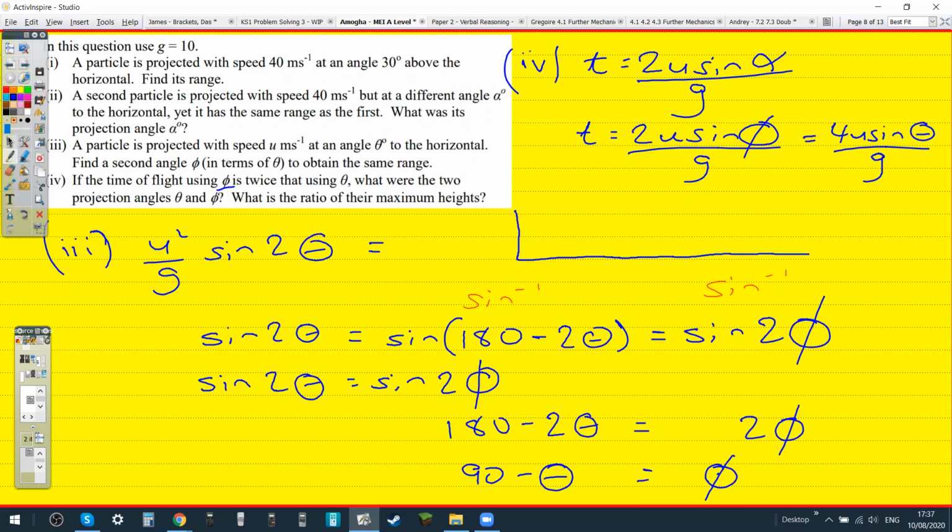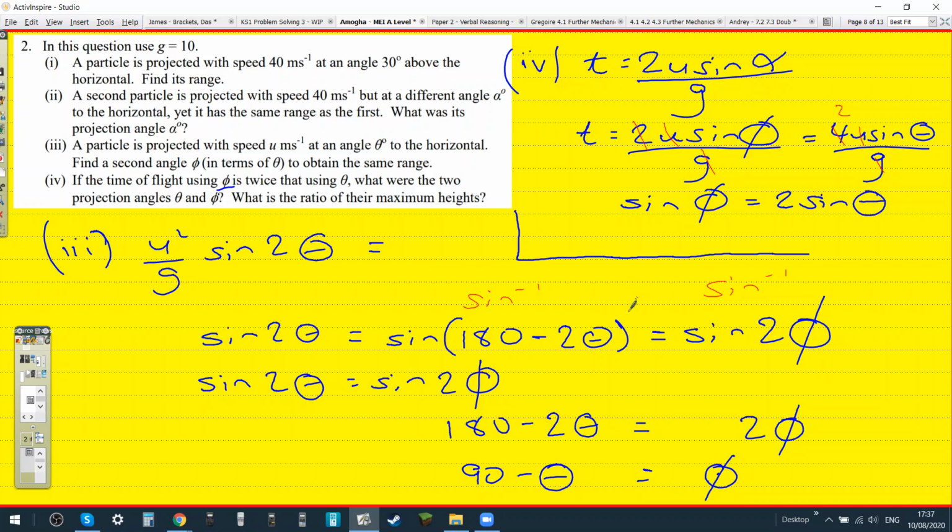And then you have to solve somehow. There's stuff you can cancel anyway. Oh yeah, you can cancel that. So 2 and 4. So sine that is equal to 2 sine theta. I'm still not sure how you solve it. Didn't we a second ago say that is 90 minus theta? Oh yeah. The sine of 90 minus theta is equal to 2 sine theta.